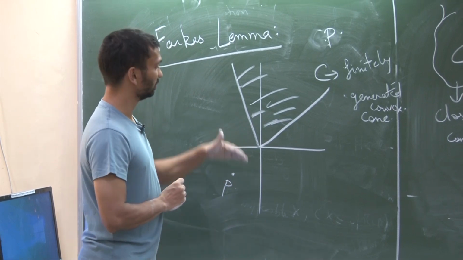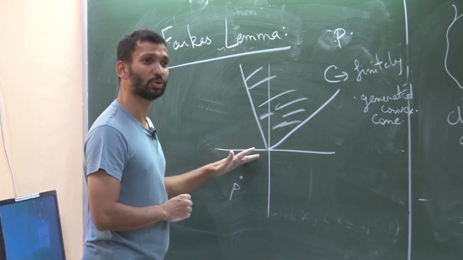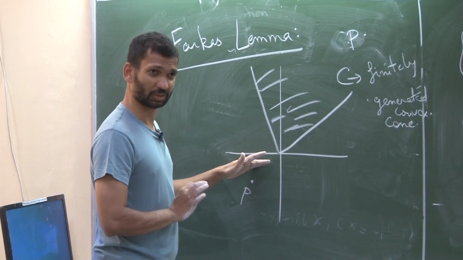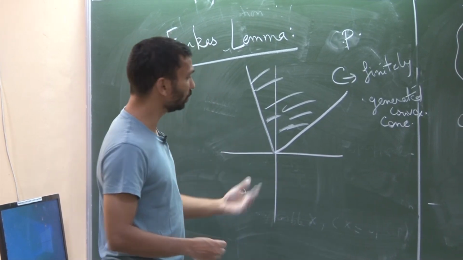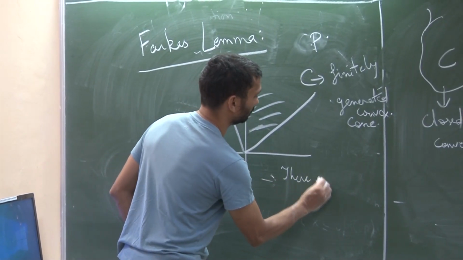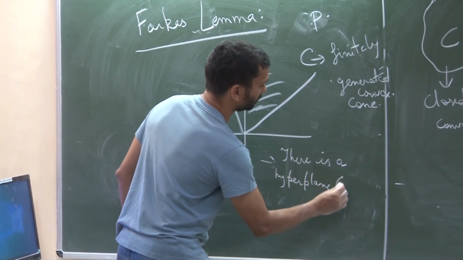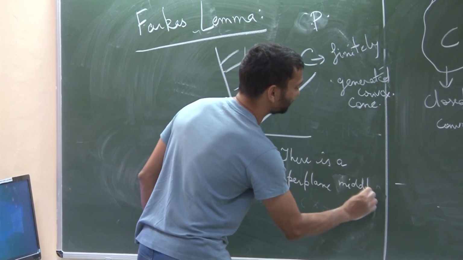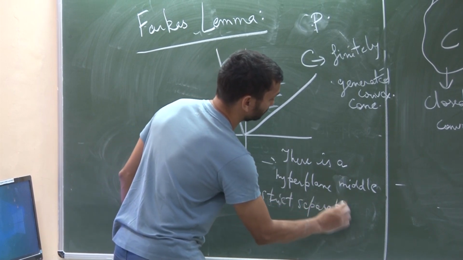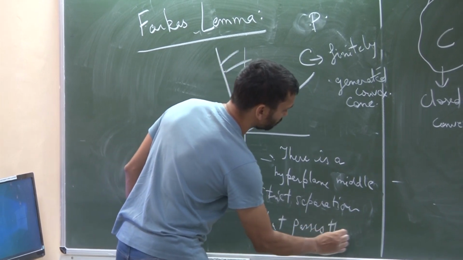Farkas lemma says there is a hyperplane which separates them and passes through the origin. Clear? So, now it says there is a hyperplane, middle strict separation, but passes through origin.